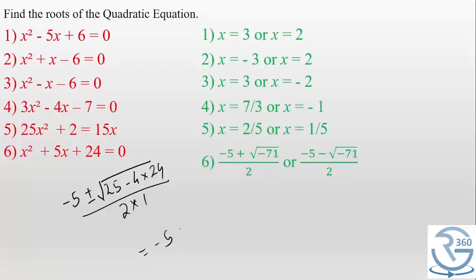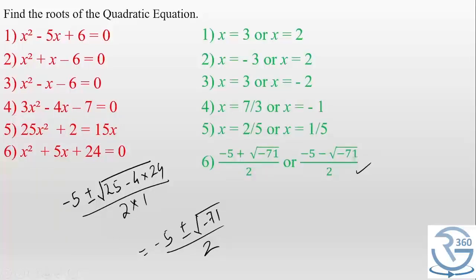So it's minus 5 plus minus under root of 25 minus 96, that's minus 71, divided by 2. So the roots are minus 5 plus under root of minus 71 by 2 or minus 5 minus under root of minus 71 divided by 2.